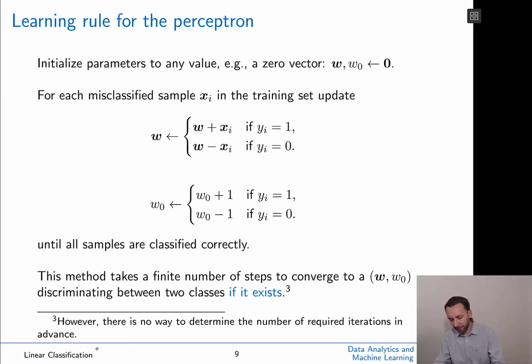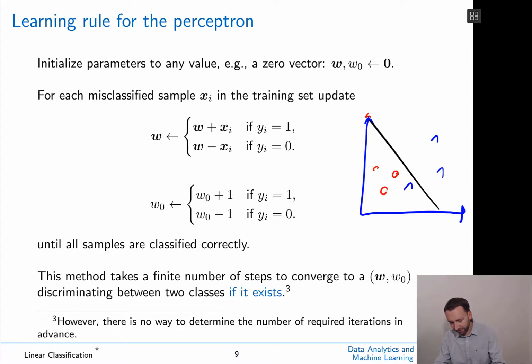You can intuitively think about it like this. Let's say you have your space, and you have samples from class 1, here's your hyperplane so far, and here are class 0 samples.